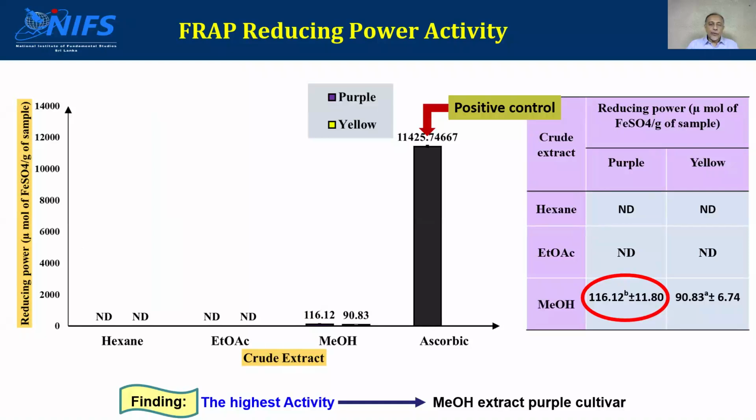Lastly, under antioxidant activities, we investigated the FRAP reducing power. Out of the three extracts, only the methanol extract shows the highest activity, and the best activity was detected in the purple cultivar.